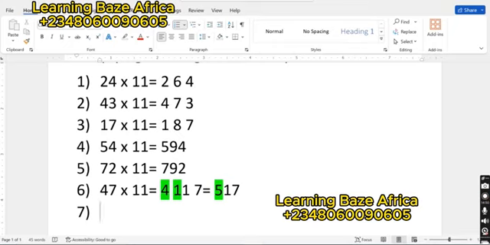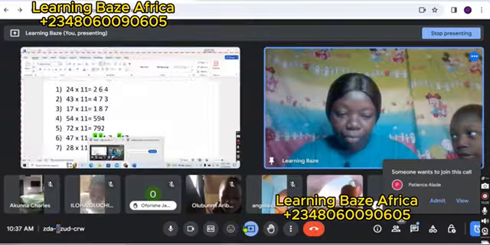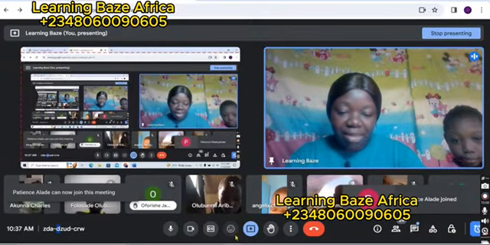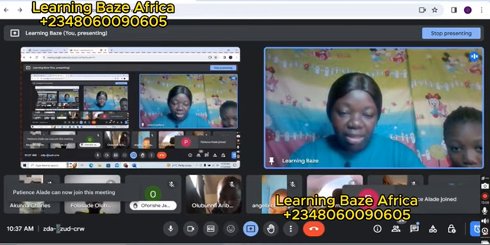Now, we are still stepping up. What if we have 28 times 11? Write down the first digit and the last digit, giving a space in between. My daughter is telling me the answer already because she knows it.